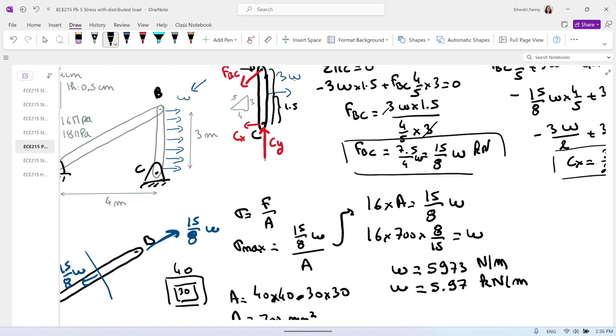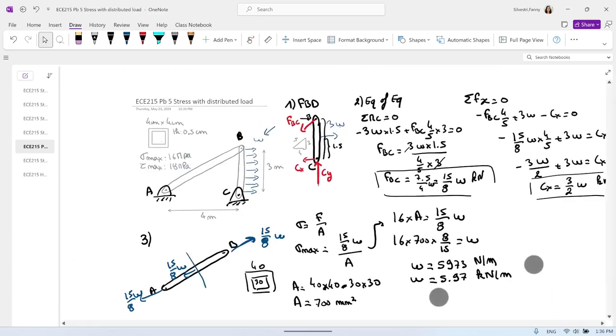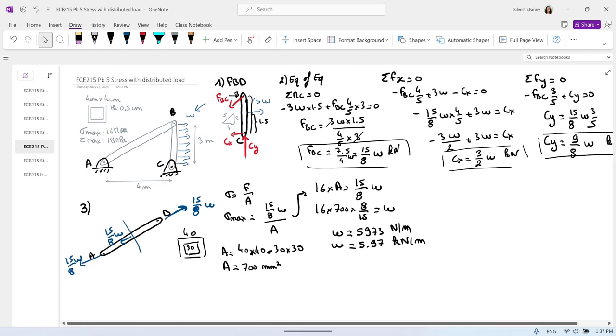This is the max W based on the normal stress in the member AB.